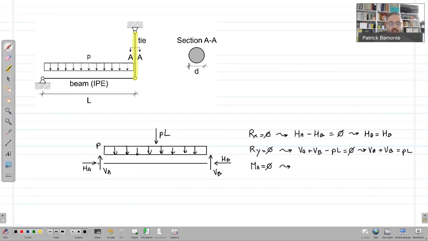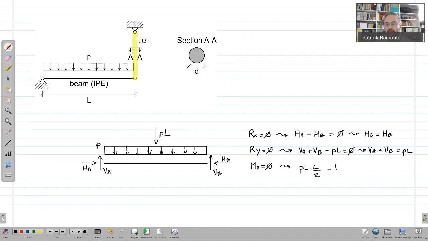What we have is no contribution by HA and HB, whose line of action intersects point A. No contribution by VA for the same reason. The only contributions are by PL, whose lever arm with respect to A is L divided by 2. So the distance normal to force PL with respect to point A is L divided by 2. So the contribution is PL multiplied by L divided by 2.